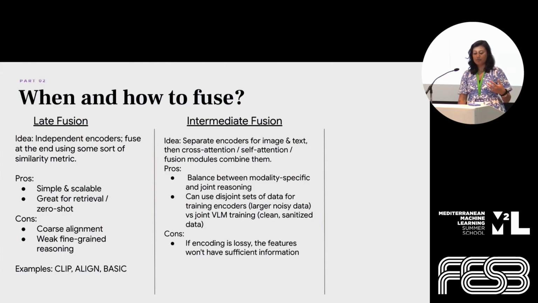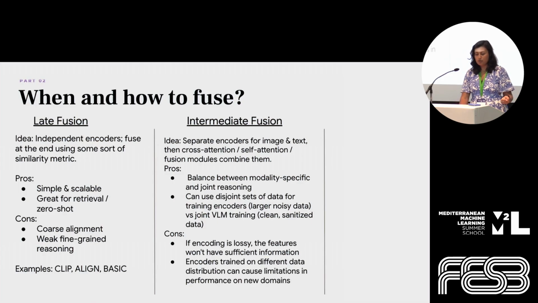And then the cons are that if the encoding is lossy, there's no way to come back from it. If you need access to ground truth, pixel level information, for example if you're doing depth prediction, segmentation, etc., sometimes it can be worse to have a separate encoder versus directly giving it the image.